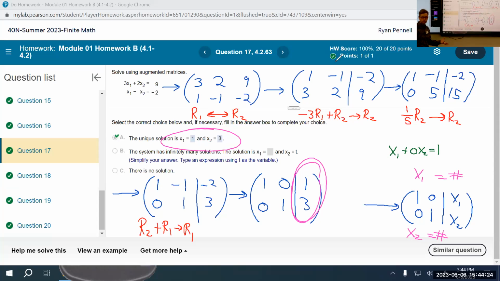That's what the equation is. So we entered in 3, 2, 9, and we got out 1, 0, 1. So I think x1 equals 1. Does that make sense?